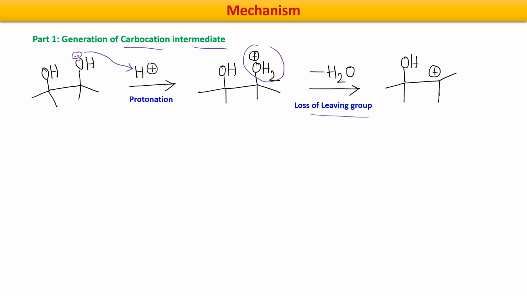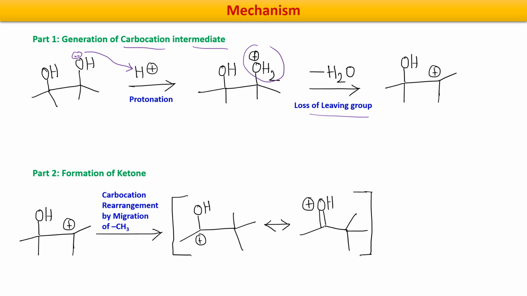Now in part 2, there will be rearrangement of the carbocation first formed in part 1, by the migration of one of the methyl groups. If I migrate this methyl group to this carbocation, the new carbocation is generated at this position. What is the driving force behind it?